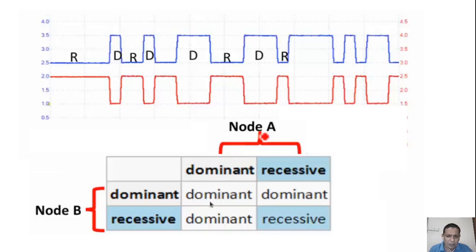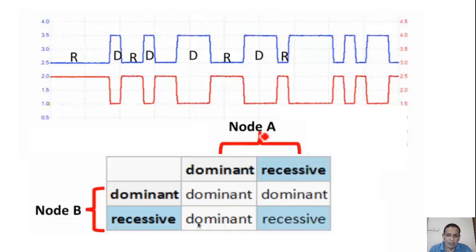So both are trying to send 0. So what will happen? The bus will be in the dominant mode. Suppose node A is sending recessive and node B is sending dominant. So the bus will be in the dominant mode.